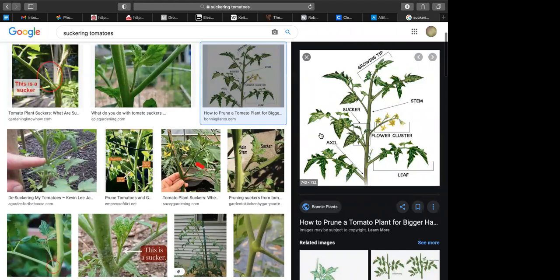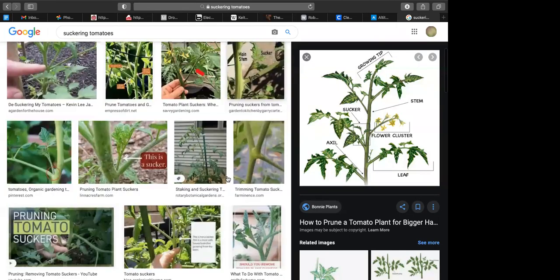If you let suckers just grow, the plant is just focused on growing more leaves and more stems. You need to control those suckers so that your tomato plant is focused on only growing those 2 leaders, and then on tomato production.